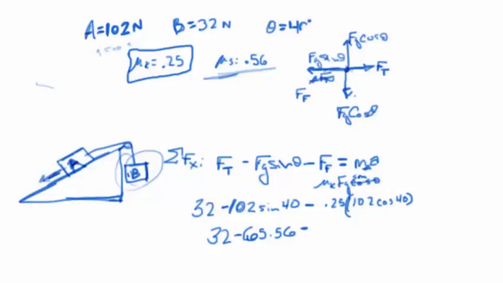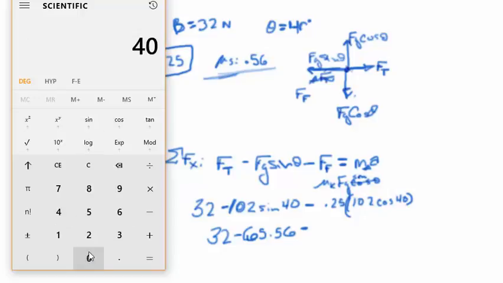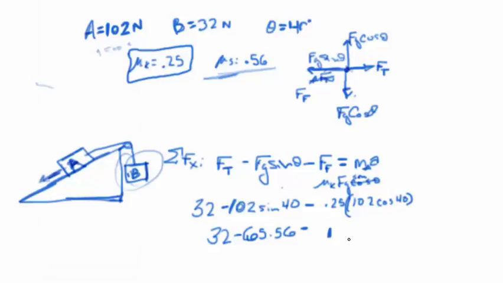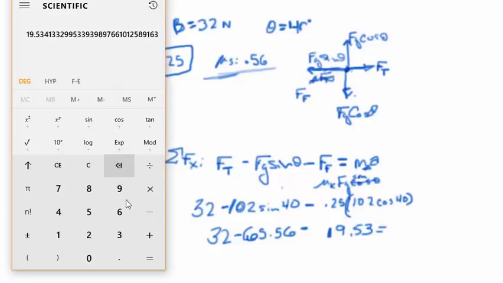Let's plug that whole guy in. 40 cosine times 102 times 0.25 gives us 19.53. And that's going to be equal to the weight of A divided by gravity.